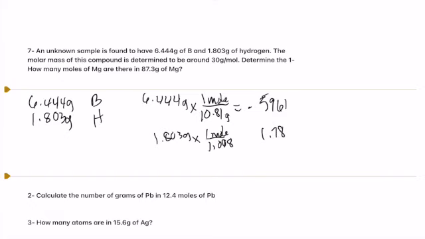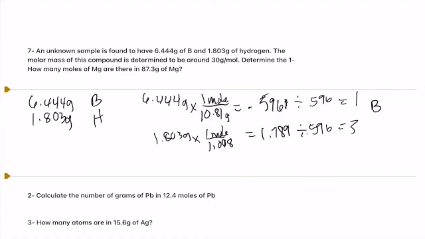And so in this case we have boron has 0.5961 moles, hydrogen has 1.789 moles. We divide each by 0.5969, and this is going to give us our ratios here. We have roughly 1 mole of boron per every 3 moles of hydrogen.